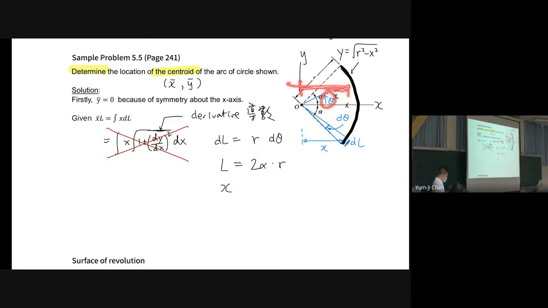The answer is yes, and x is equal to r cosine theta. Let's say we put r here, and then this one is r cosine theta.